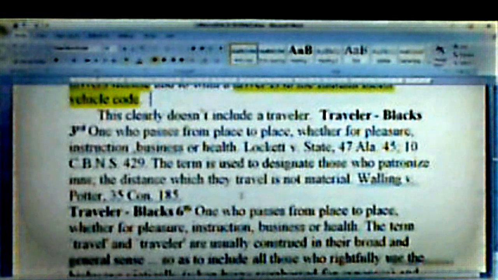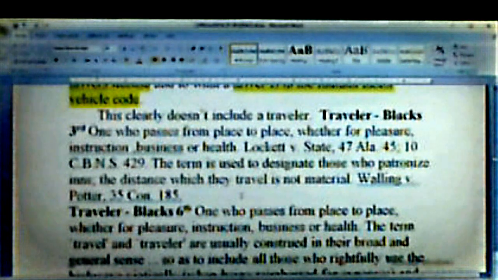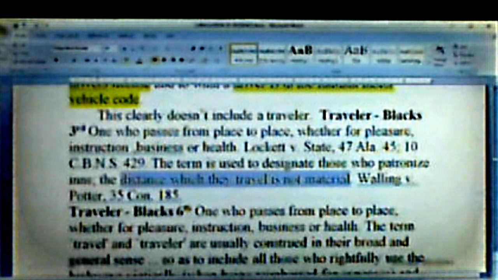The distance which they travel is not material. Okay? In other words, it doesn't matter if you're going from Indiana to California, or if you're only going to the local grocery store. It does not matter how far you're traveling in that car.